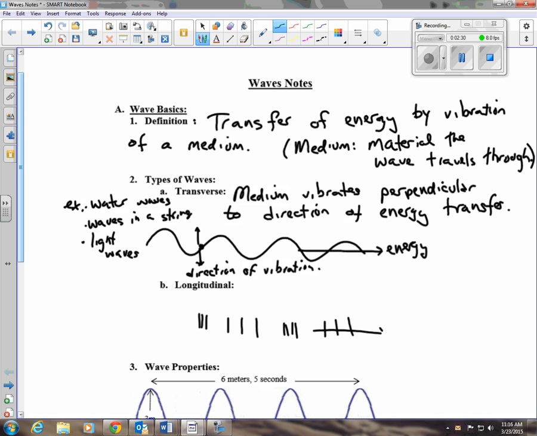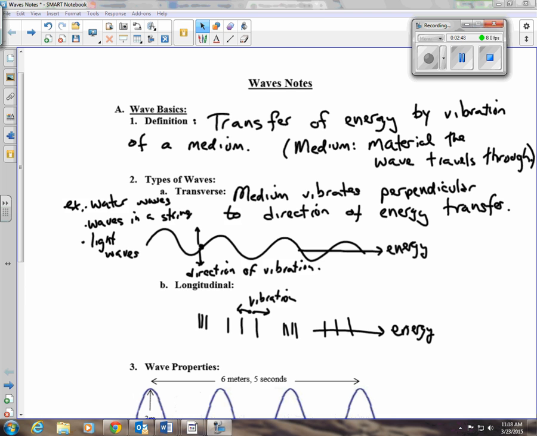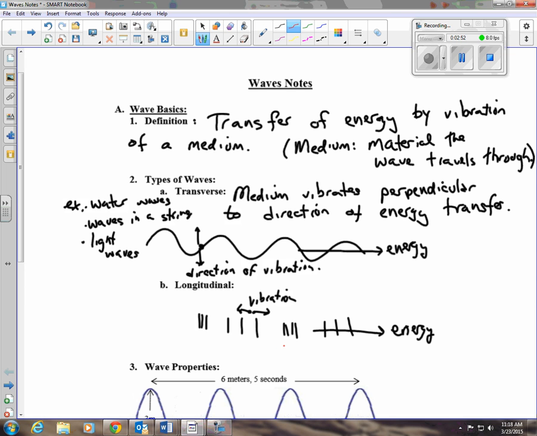What's happening is, as the energy goes this way, okay, the pieces of medium vibrate back and forth. Now, as they vibrate back and forth, you're going to get areas where it's compressed and areas where it's spread out.